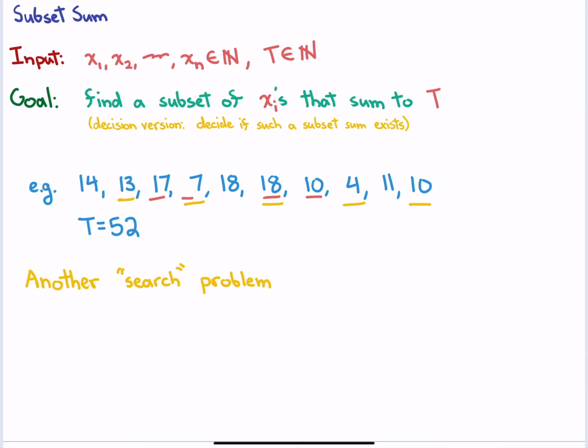But in particular, you can recognize it when you find it, right? Given a subset, I can easily check that it adds to 52 and that you're only using at most one of each of the input numbers. So it's very easy to verify a correct solution. In that sense, it's a search problem, like all the SAT stuff we had done previously.